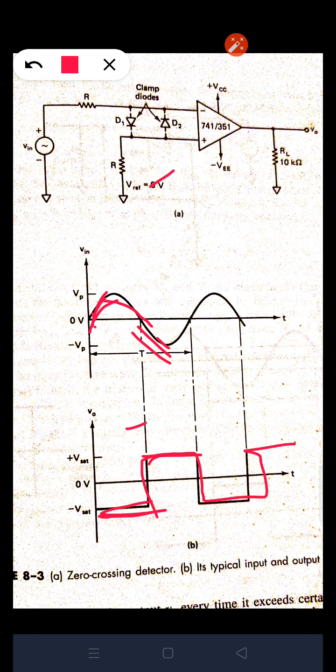Here also clamping or protective diodes are provided, and some load resistance is given across the output. For today's class, that's all, and we will study the Schmitt trigger in the next class.